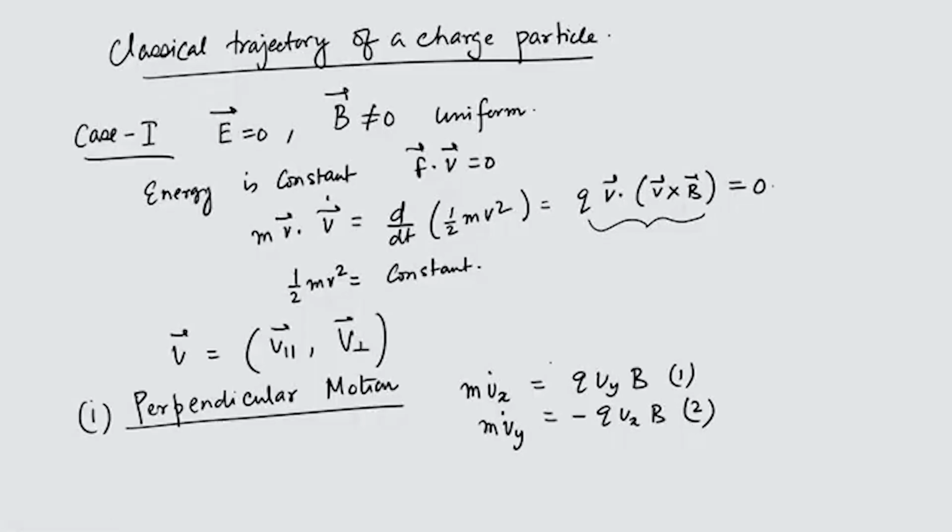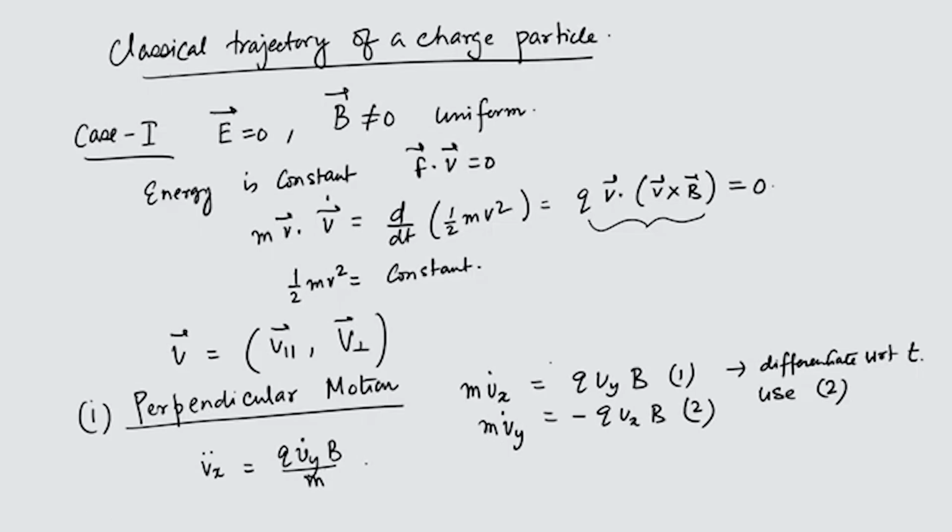instructive. If you take a double derivative of this, so differentiate with respect to time t, and then of course use 2. So, then m vx double dot is equal to q vy dot into B, and then I can take this m to the denominator. So, now I will use vy dot here.